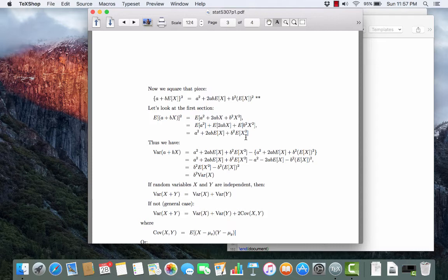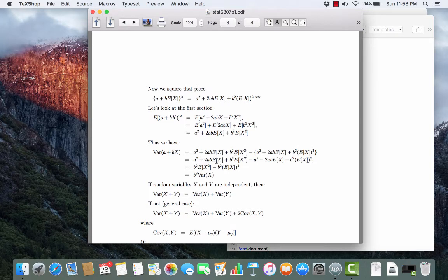Now you have to put everything together. So here's the stuff from the first, and you've got to subtract off the stuff from the second. So I put the stuff in the second in the curly braces. That's the stuff from the starred piece. So here's all the stuff from the first. And I'm going to subtract off a squared minus 2ab expected value of x minus b squared E of x, the quantity squared. But the a squares drop out.